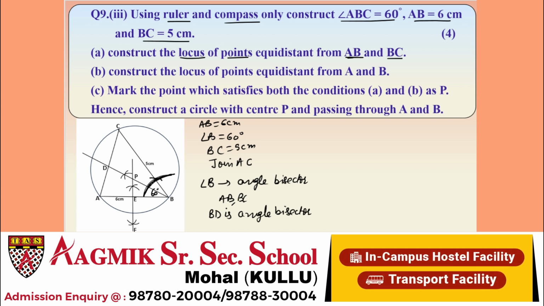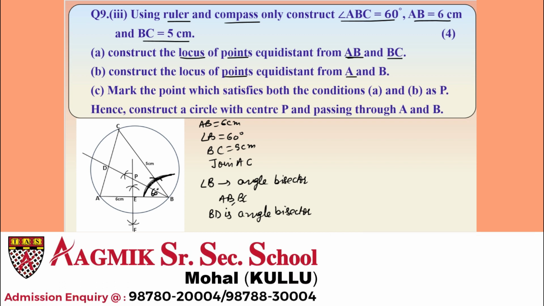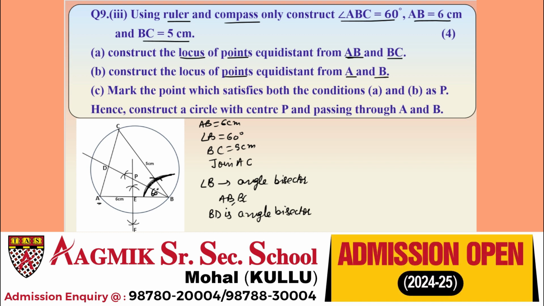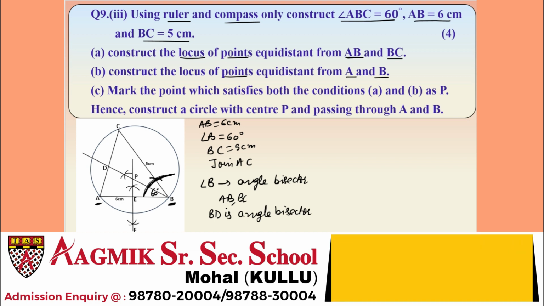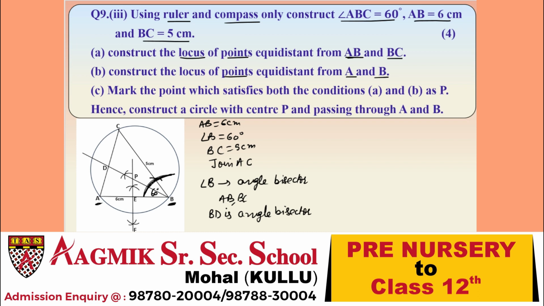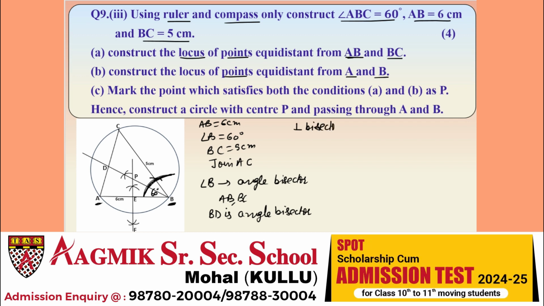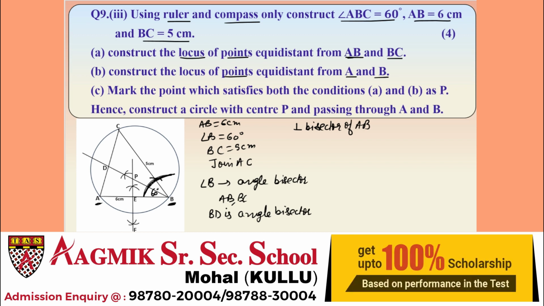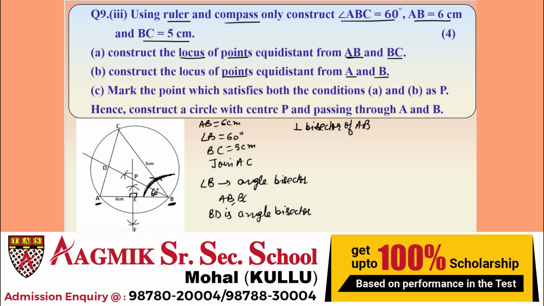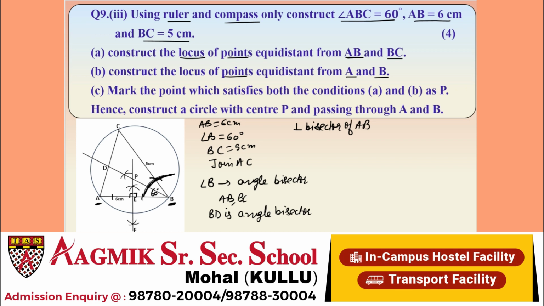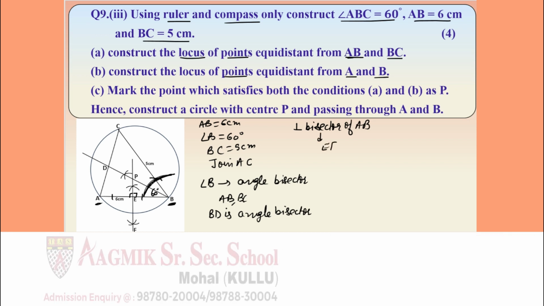Now part B is to construct the locus of points which are equidistant from A and B. Like this is A, this is B. So to find the locus of points equidistant from A and B, we construct the perpendicular bisector of AB. Alright. So we will draw the perpendicular bisector of AB. So this would be perpendicular and also bisecting. So this is given by EF, right?